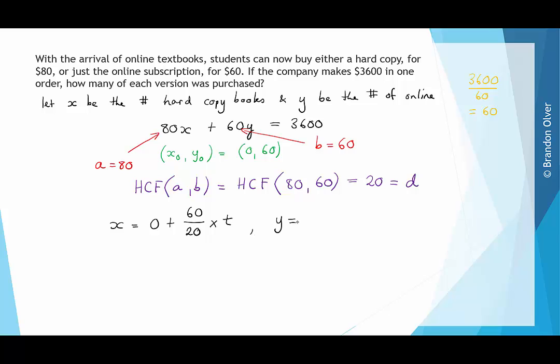Similarly, y equals y naught, which we found above in green to be 60, minus a, which we found was 80 from our equation in red, and then divide that by d, which is 20, times t. And of course our parameter t is an element of the integer set.